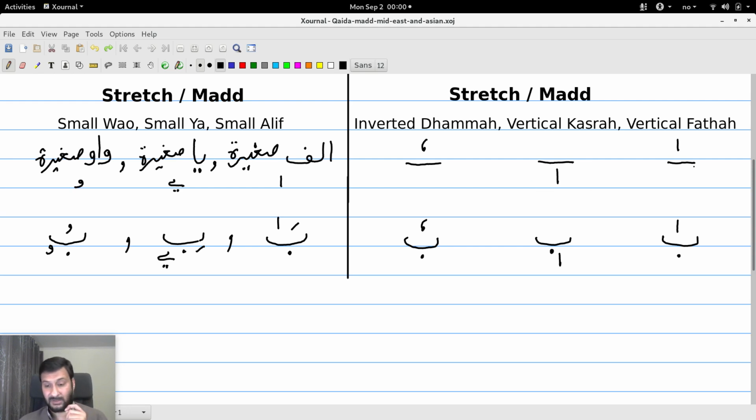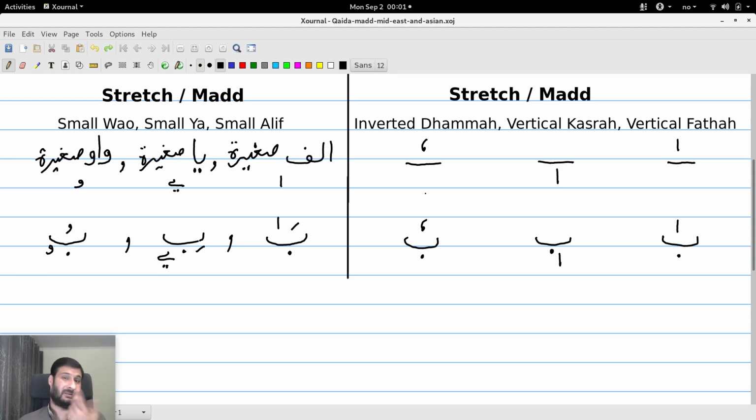So since this is being used to stretch Fatha, we'll just call it vertical Fatha. Since this here is going to stretch the Kasrah, which is beneath the letter, we'll just call it vertical Kasrah, to indicate that it is to be stretched.